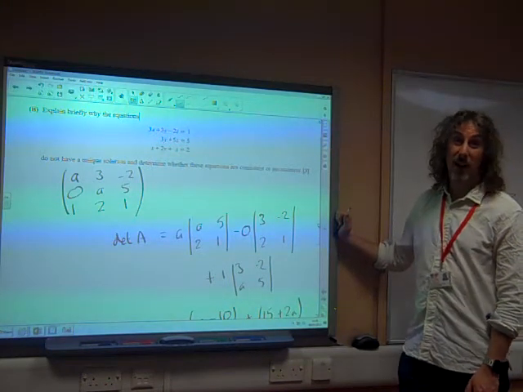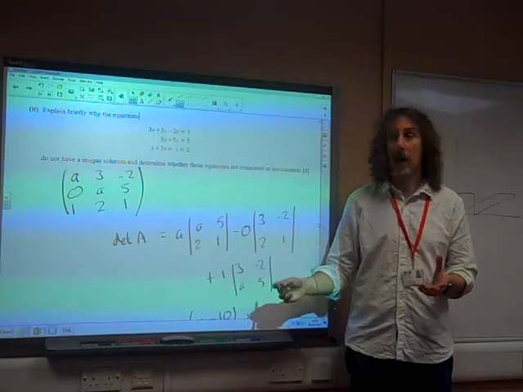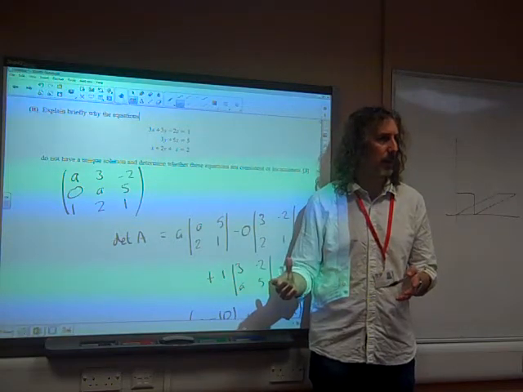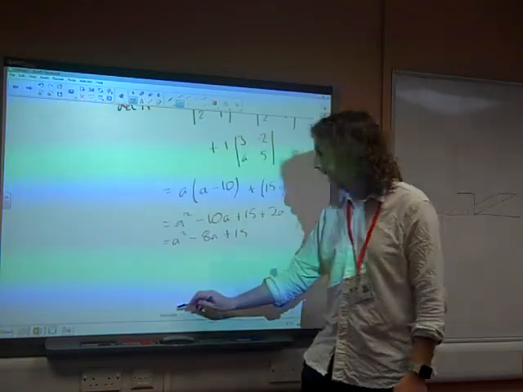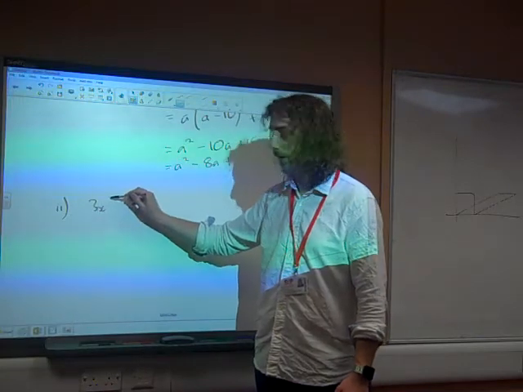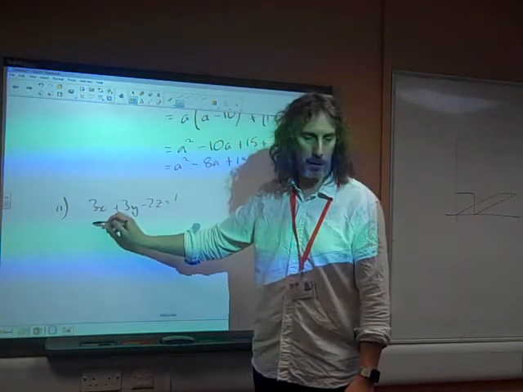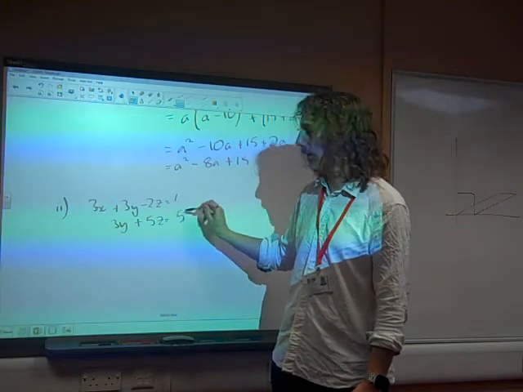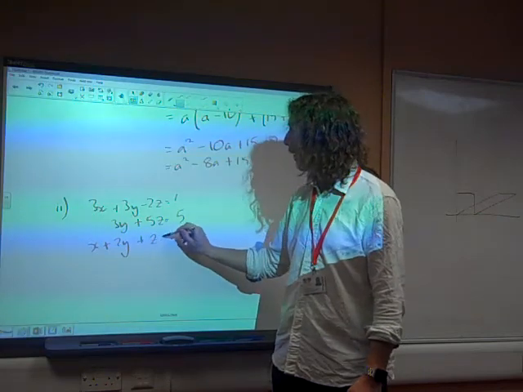Okay, it's in the same question, so it must have something to do with what we just worked out. And unique or not unique solutions, that's all about the determinant of a matrix, isn't it? So there must be that connection. You don't have to go into this much detail, but I'm just going to write the equations out so that I can see them here. 3y plus 5z is 5 and x plus 2y plus z is 2.